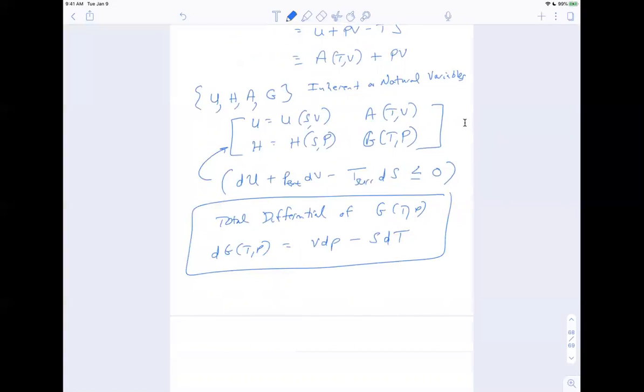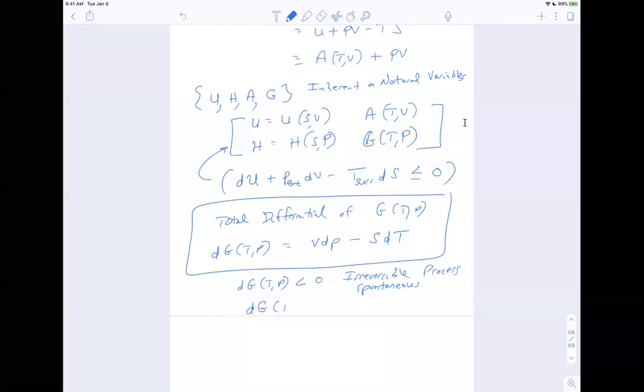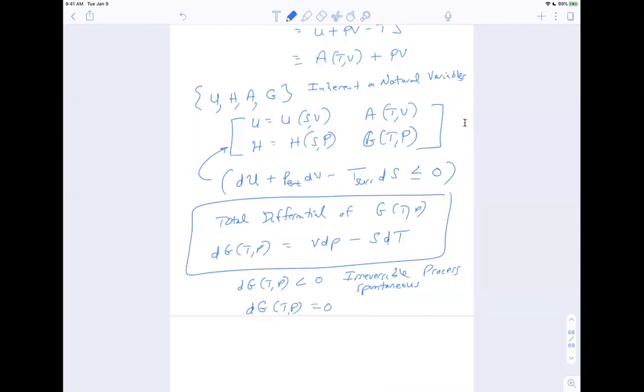And we know that for an irreversible or spontaneous process, dG is less than 0. Okay, G is minimized for an irreversible or spontaneous process. Equivalently, this is called spontaneous. Okay, and at equilibrium, or when you reach a stable state, dG is equal to 0 at equilibrium.